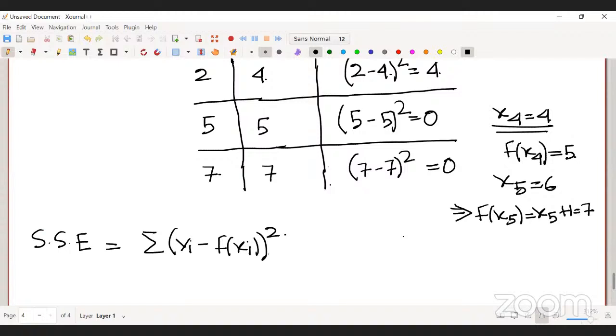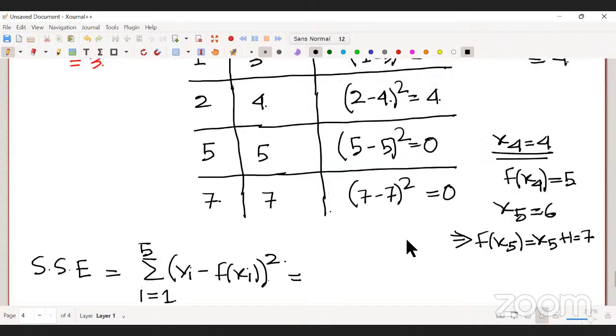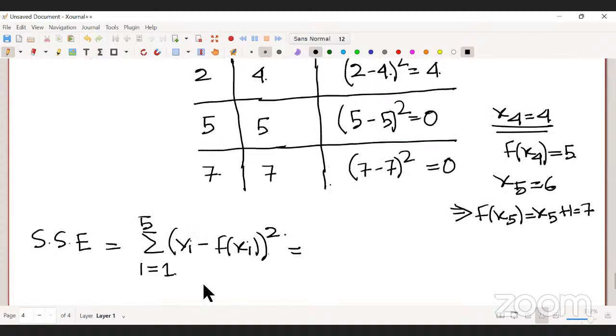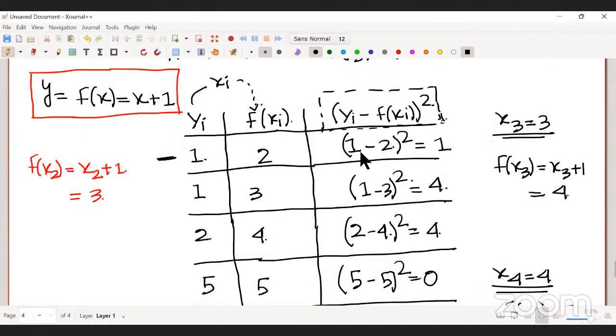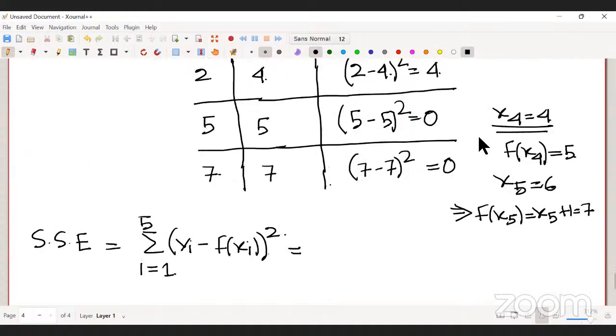So the sum square error is the sum of yi minus f of xi whole square, where i varies from 1 to 5. For i equal to 1, yi minus f of xi whole square is 1.